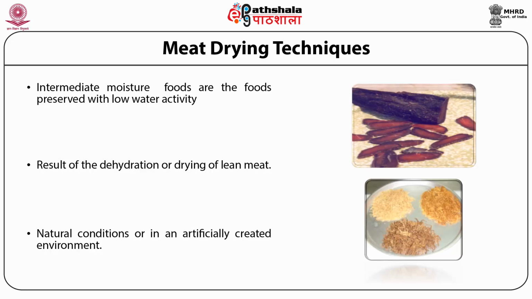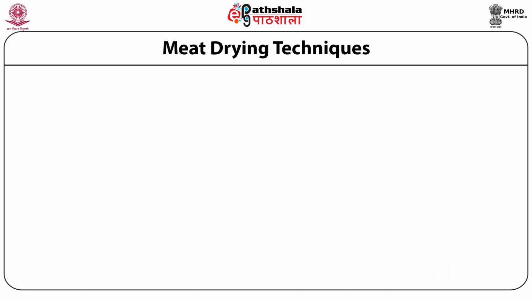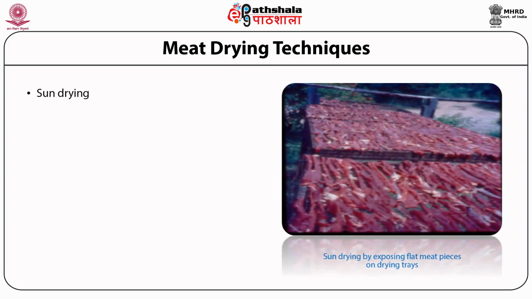For the traditional drying of meat, the natural conditions, sunshine and air circulation, are used. Two drying techniques can be distinguished, with both using prevailing natural conditions but differing in the impact of the solar energy. These techniques are called sun drying and solar drying.